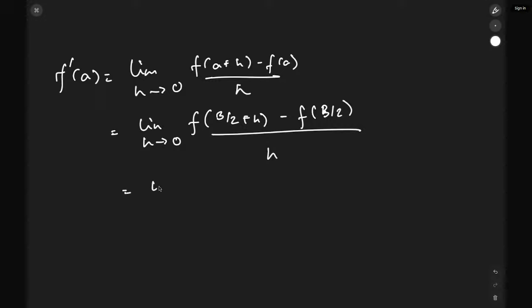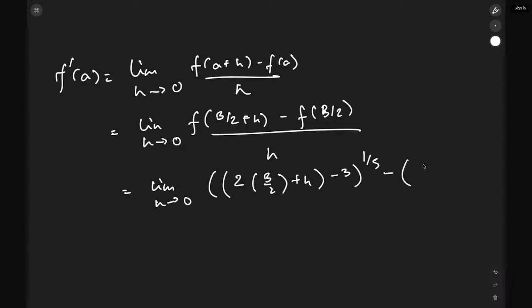So upon writing it down, h tends to 0, (2 times (3 by 2 plus h) minus 3) raised to the power of 1 by 5 minus (2 times 3 by 2 minus 3) raised to the power of 1 by 5, whole divided by h.